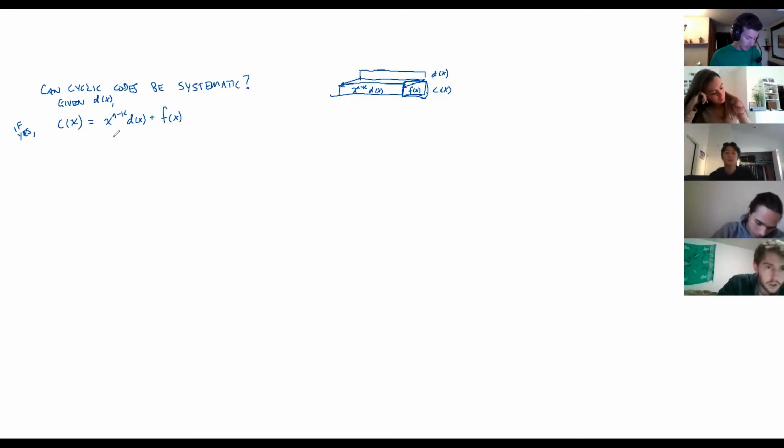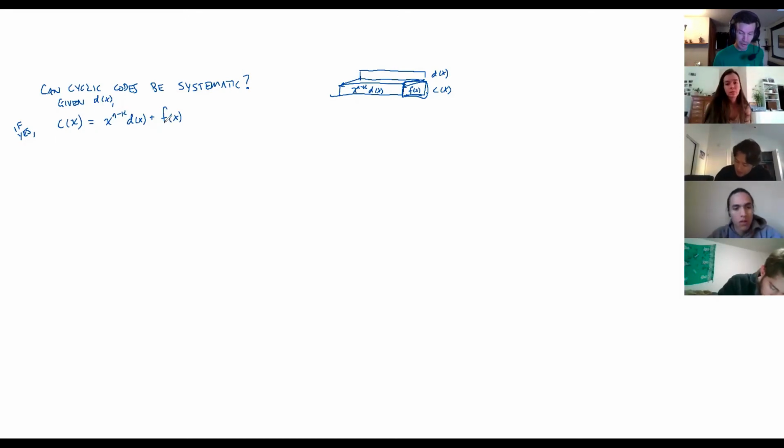Okay. So what I want to do is ensure that we can do this in a cyclic manner. So for my next trick, I want to define the quantity rho of x. Rho is kind of like r, kind of like remainder.